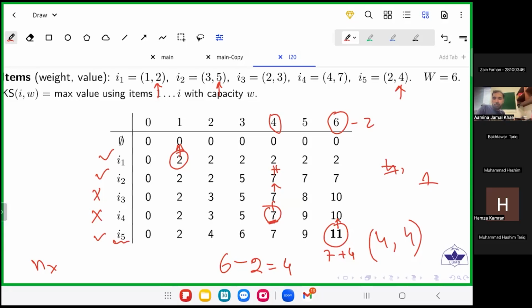No one? Maybe weight. What's weight of what? You mean capacity, right? Yeah, W. That's what it is. It's N times W. It's the size of the table, and it's also the time complexity. It's N times W.